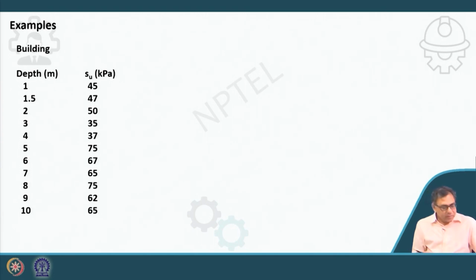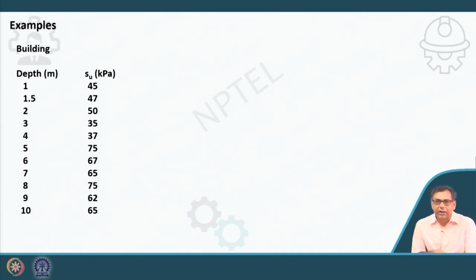Here the SU value is given, the shear strength SU or CU. These values you can measure by field test. Suppose if you do the cone penetration test, from the cone penetration test data also you can measure the CU at different depths.